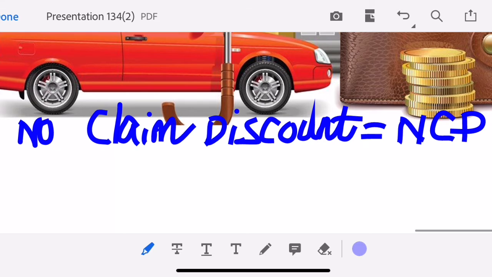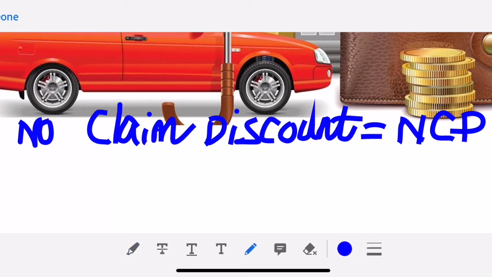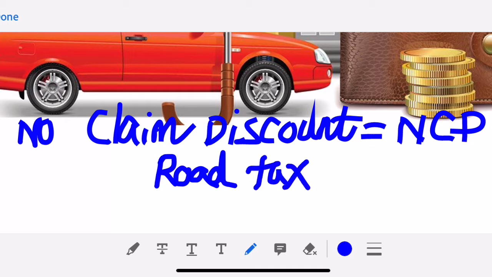Normally the policyholder has to renew the policy when he or she wants to renew the road tax, every year, right? So this is actually very important. As such, the premiums payable can be reduced by your NCD eligibility. If there is no claim made against the car for that particular year, the policyholder is entitled to the NCD discount.